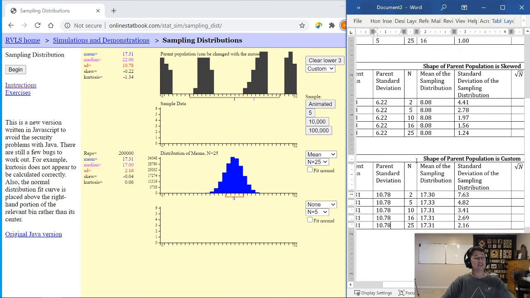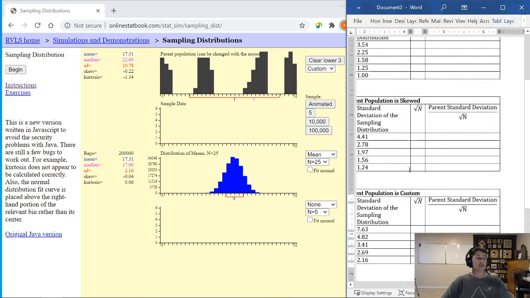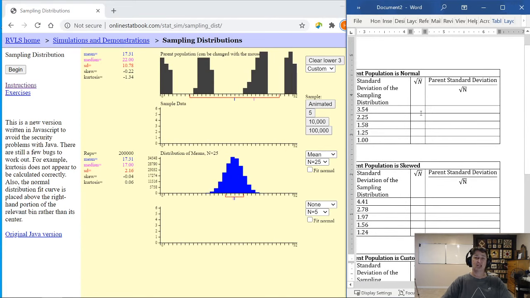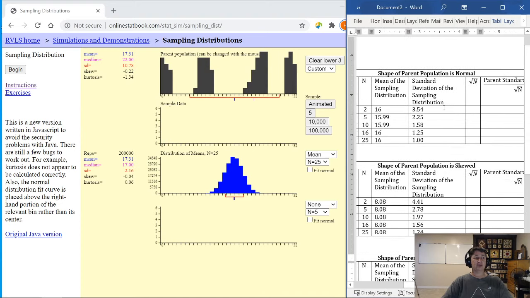We know that the sample size is causing some of that decrease, because as our sample size increases, our standard deviation decreases.